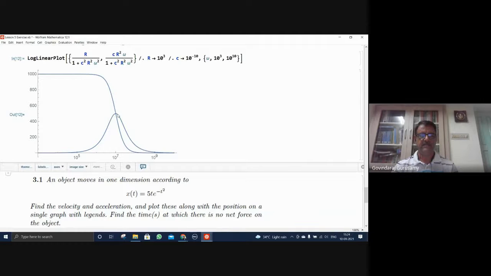When omega equals 0, 10 power 3 is the resistance. I know the time constant, 10 power minus 7, because I know the frequency at which the maximum is reached. And once I know the resistance and time constant, capacitance can be found.